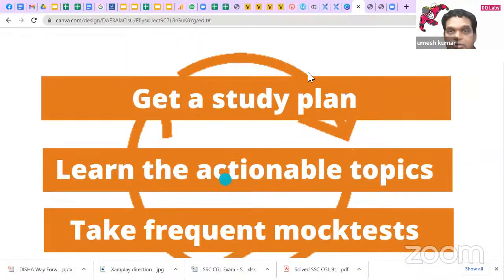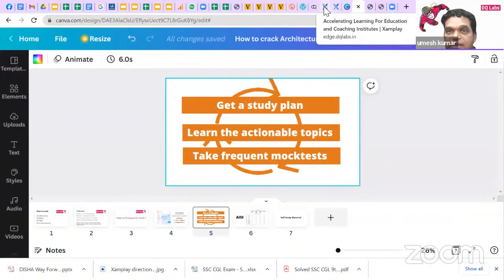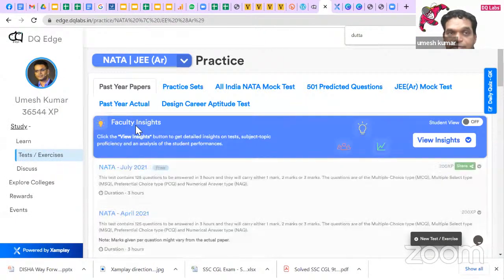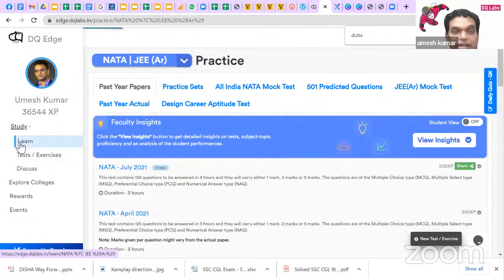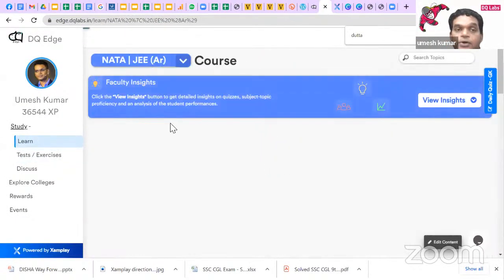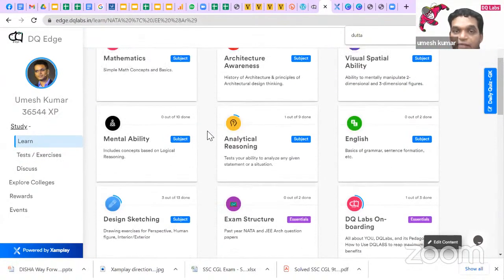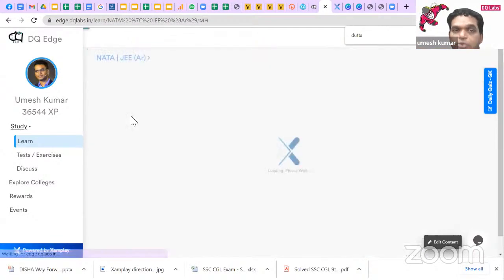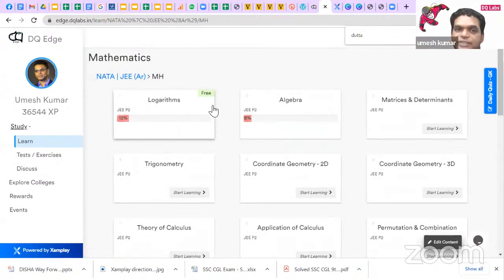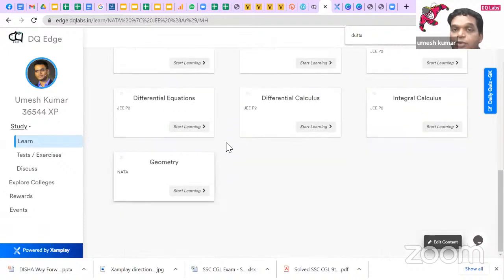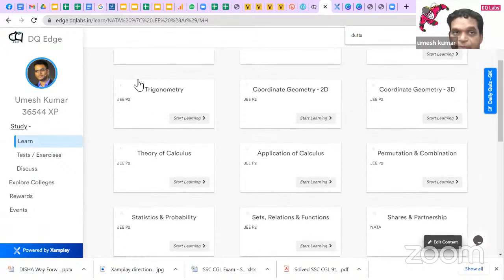Just to give you an understanding of the learn part also, because I have shown you the take test part where all this information is there. In the learn part, I would want you to create a free account if you do not have one, and go through and experience what all is there. There are certain free topics as well. You should be studying through all these topics on DQH.